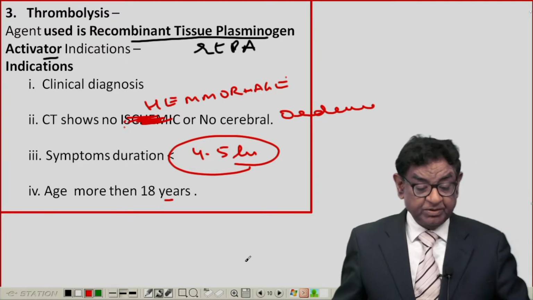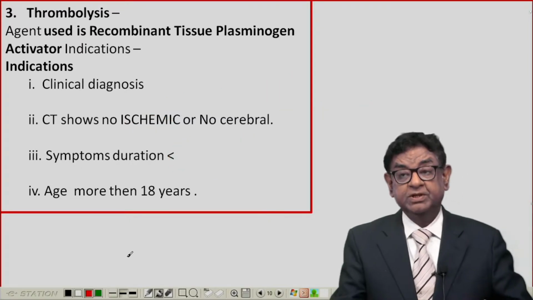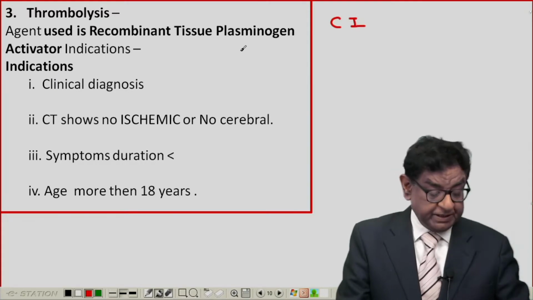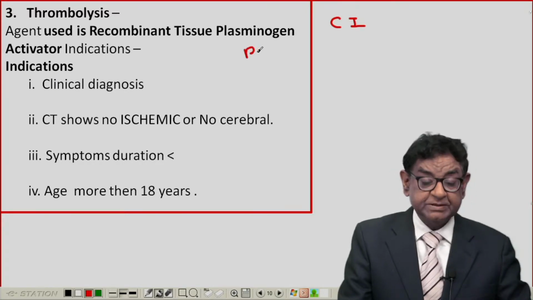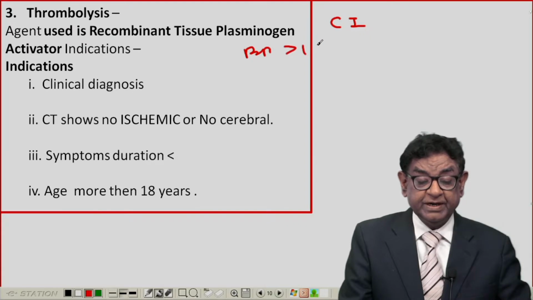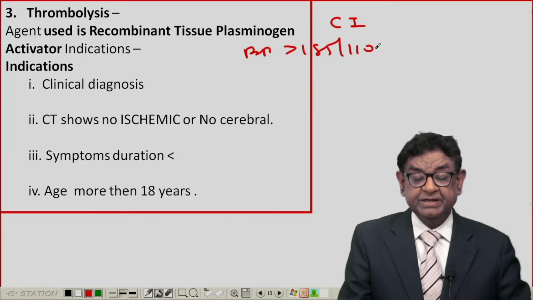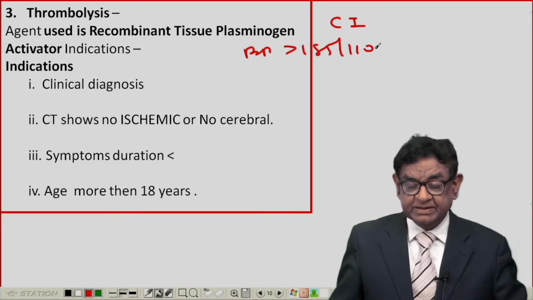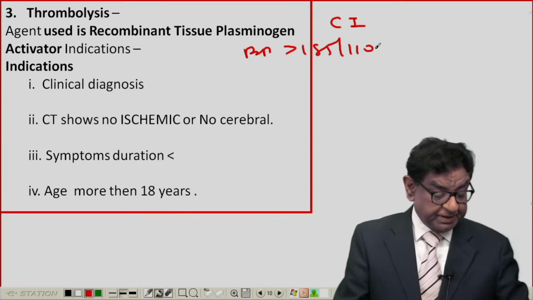Okay. Now, what are the contraindications where we do not do it? The contraindication of thrombolysis is if BP is more than 185 by 110. Despite treatment, if the patient still has very high BP, then thrombolysis should not be done.